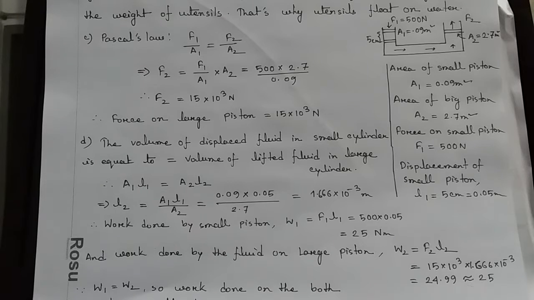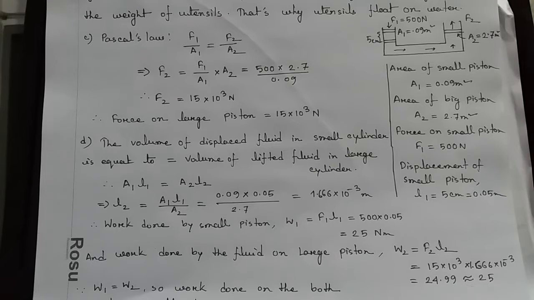And our third question was what is the force on the second piston? That means what is the value of F2? At first, before doing this math, this calculation, most of the time we say in class that at first you have to note down all the information given in your stem, including their values.